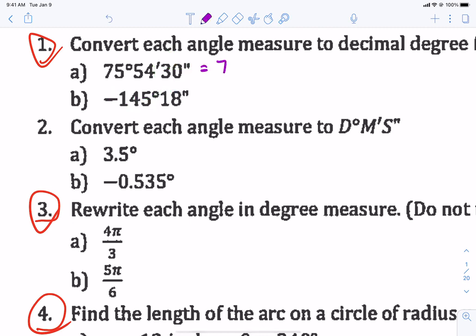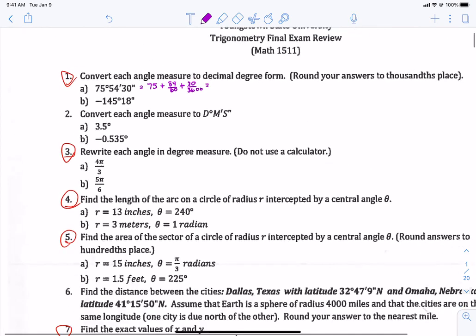Well, we know the 75 is the start because it's going to be 75 point something. But how do you find the other? Well, you're just going to take 54, divide that by 60, take 30, divide that by 3,600, and you're going to get your answer. Now, the instructions say to round to the nearest thousandth.